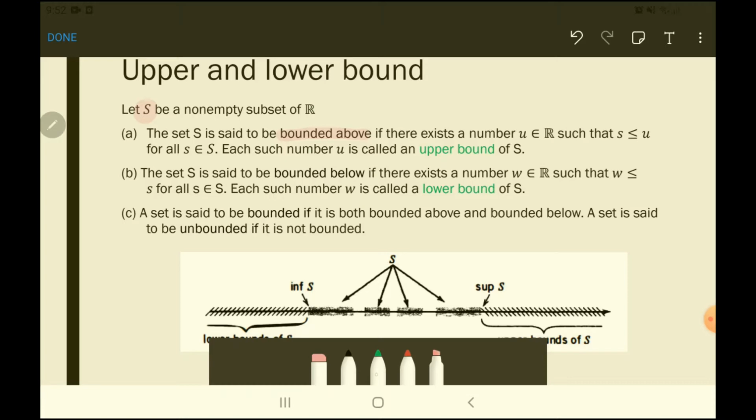So I have a set S, capital S, and an element of S is named with a small s. If s is less than or equal to U, that means this U is going to be the upper bound.